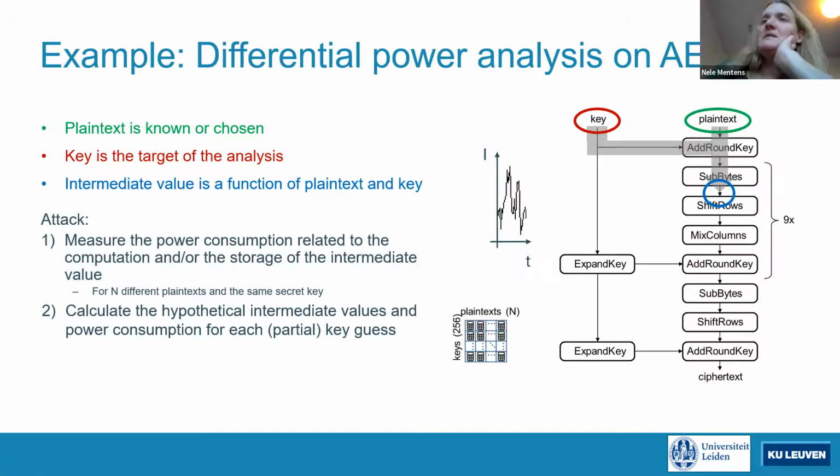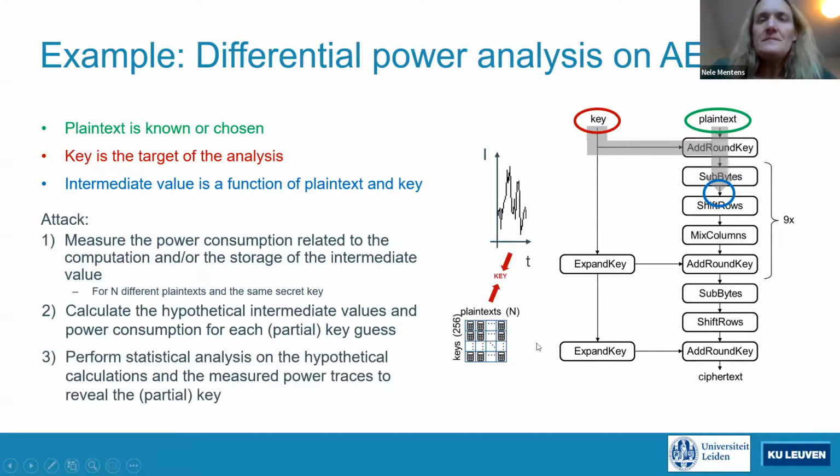If I have a byte here that has only 1 one and 7 zeros, then I assume that my power consumption is this high. Or if I have a byte here that has a certain value, and I know now that all 8 bits flip values, then I know that my power consumption is much higher than when none of the bits flips. So there are different models to be used for calculating hypothetical power consumption. And this is what the attacker does.